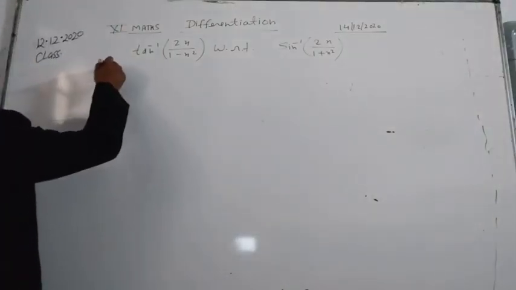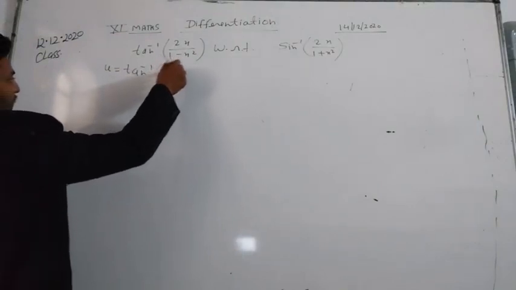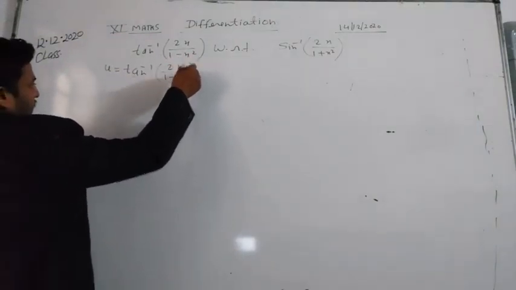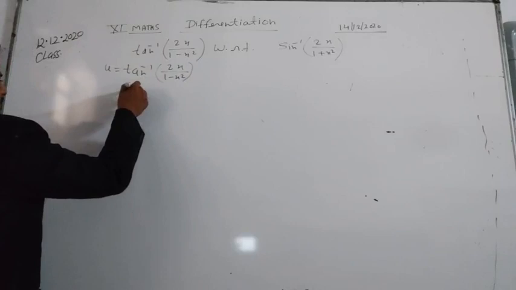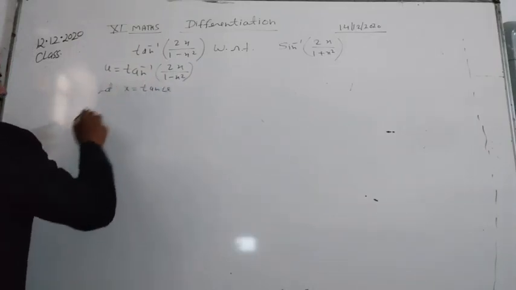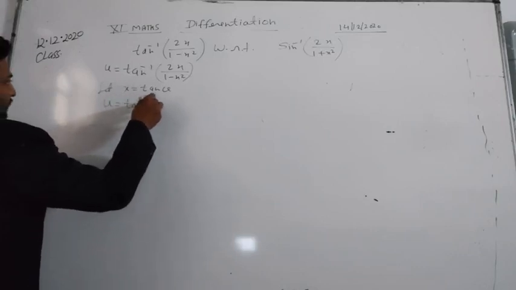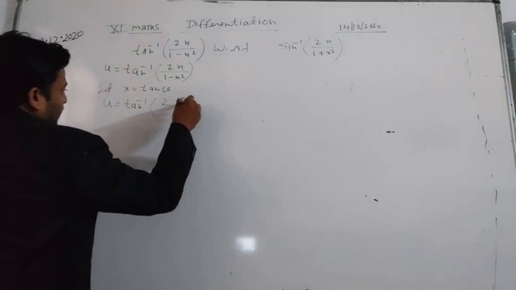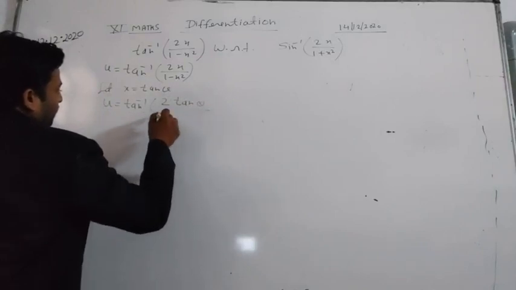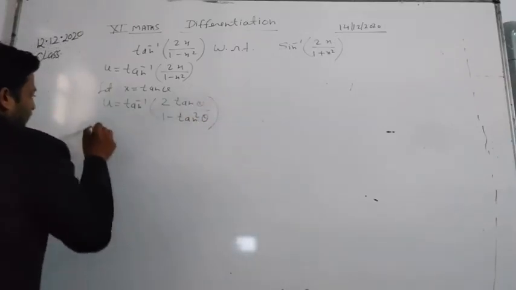So we will suppose that this is u, tan inverse 2x upon 1 minus x square. So let x is equal to tan theta. So u is equal to tan inverse 2 tan theta upon 1 minus tan square theta.